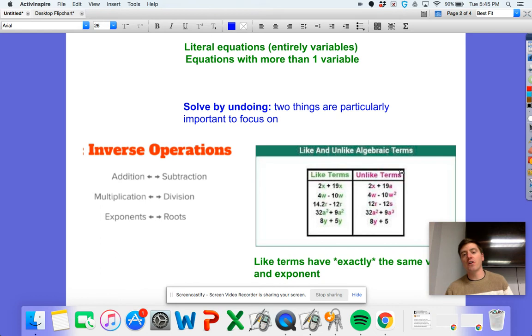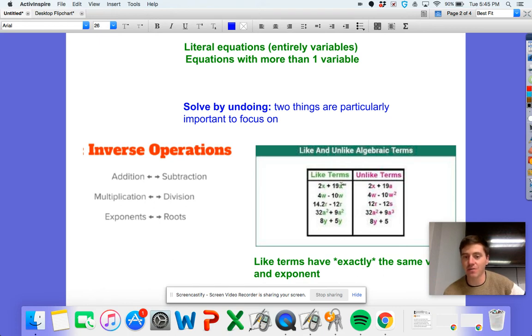We also have to be very careful about what are like terms and what are unlike terms. When we have a bunch of variables lying around, they're not always going to be able to be combined. So be really considerate of that. Like terms have to have exactly the same variable and exponent.